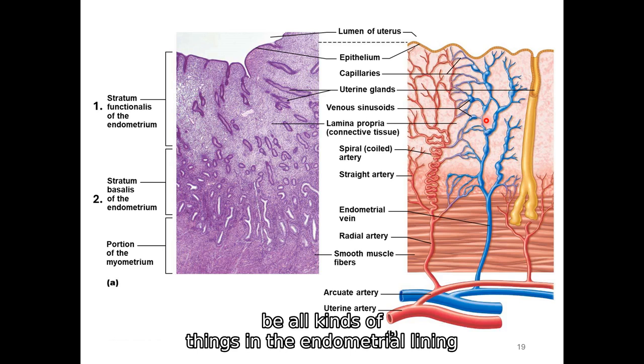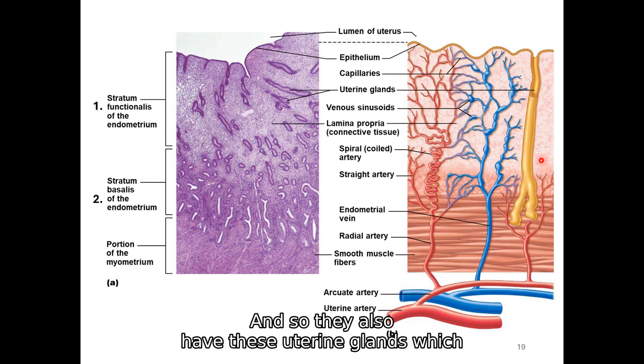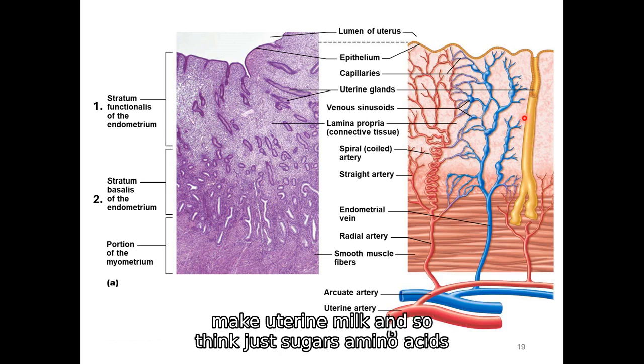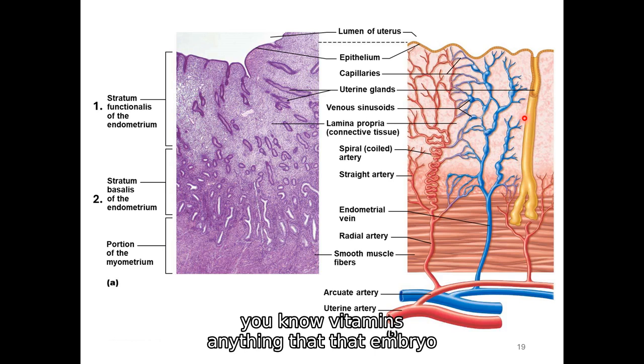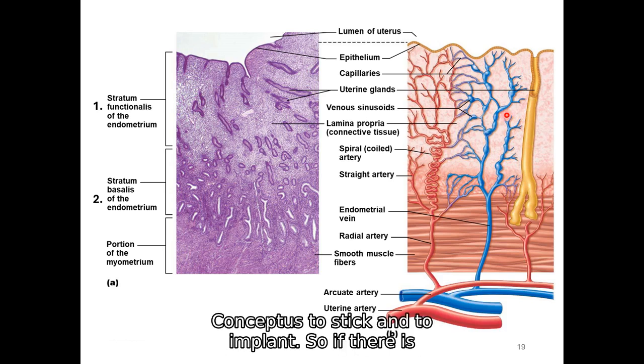And so there's going to be all kinds of things in the endometrial lining that are going to feed that embryo. And so they also have these uterine glands, which make uterine milk. And so it's like just sugars, amino acids, vitamins, anything that that embryo would need. Also binding proteins for the conceptus to stick and to implant.